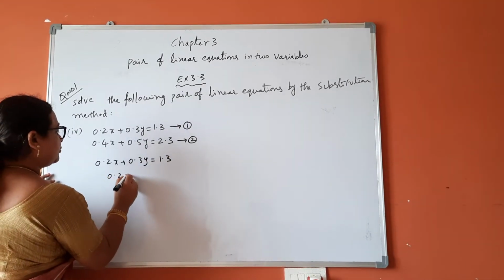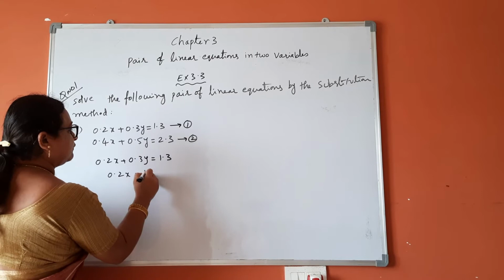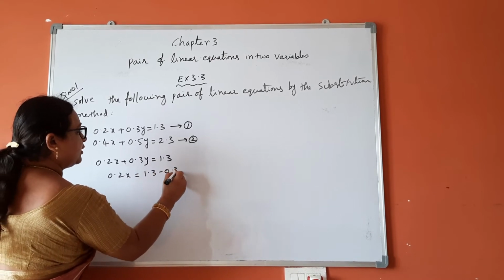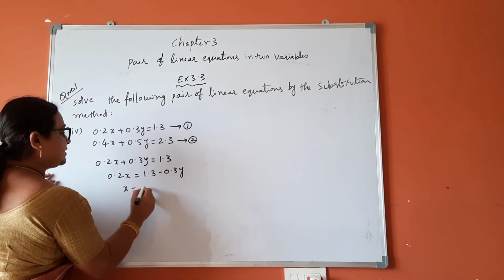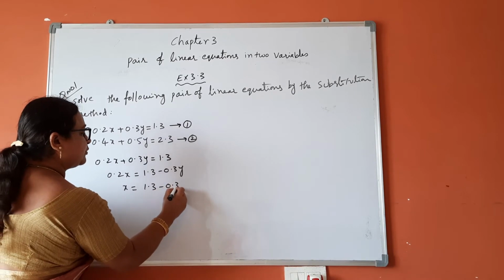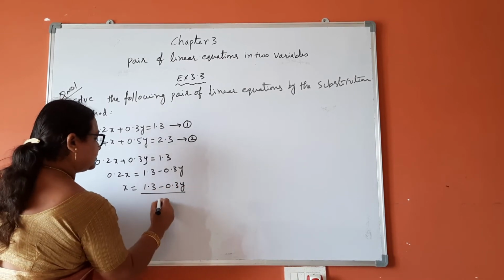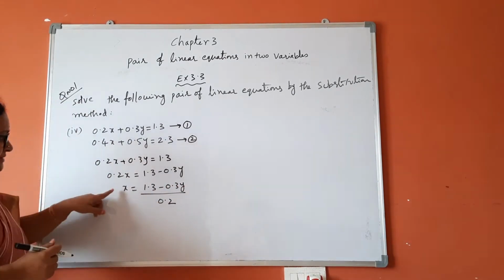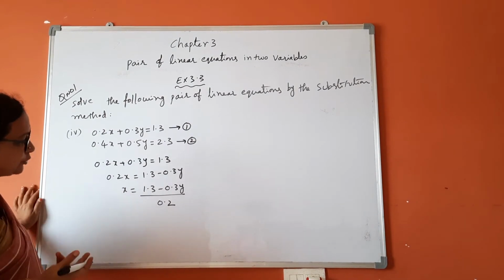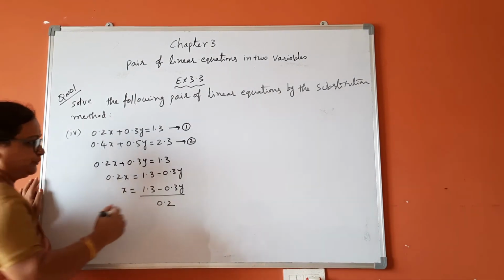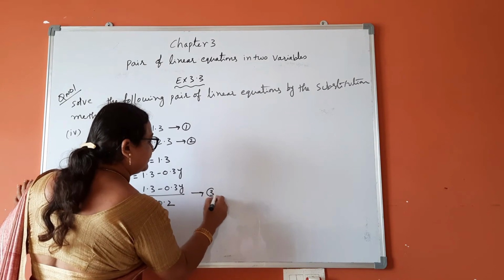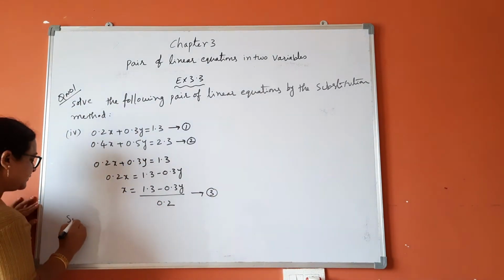So 0.2x is equal to 1.3 minus 0.3y. So x is equal to (1.3 minus 0.3y) by 0.2. This is equation 3.